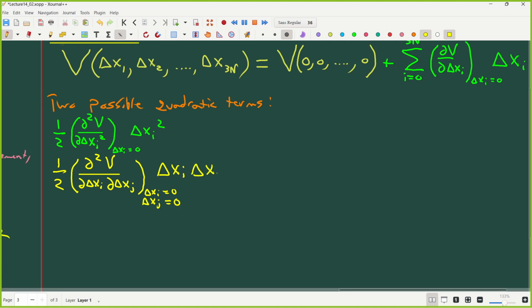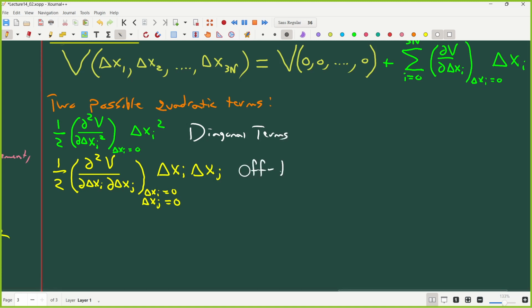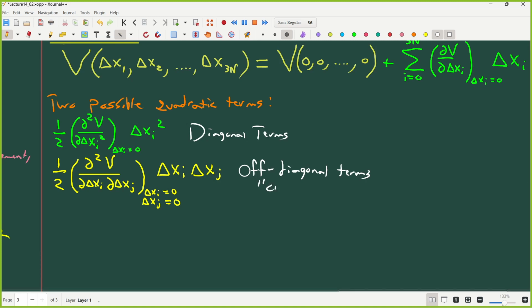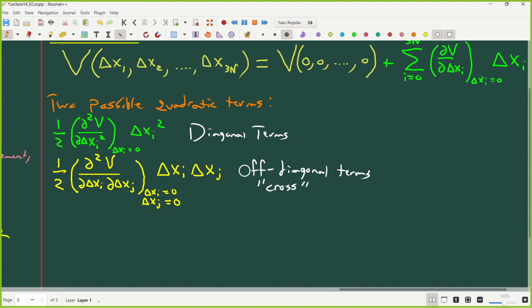And we get delta x sub i, delta x sub j here. Right? So you can call these the diagonal terms. I'll explain why in a second. And then we have these off-diagonal terms, or cross terms. These are just the terms we use for these.